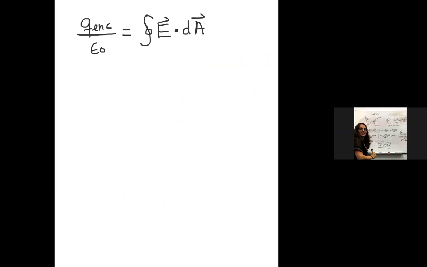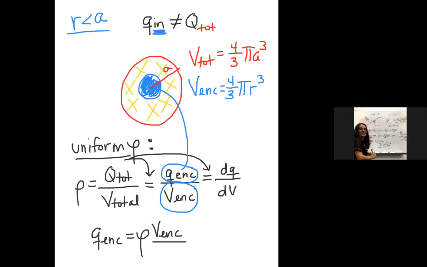Okay, and do we agree that E and dA point in the same direction so that cos equals 1? Let's look back at our drawing. My distribution, the red, is a sphere, and the Gaussian, the blue, is a sphere, right? So my electric field lines point radially inward and outward. My dA points radially inward and outward.